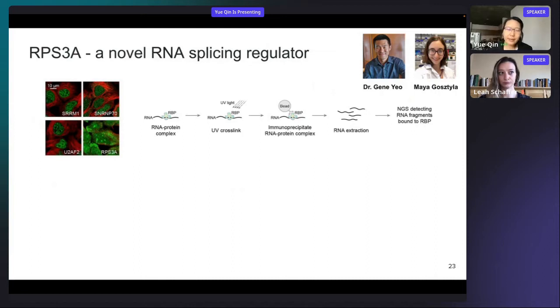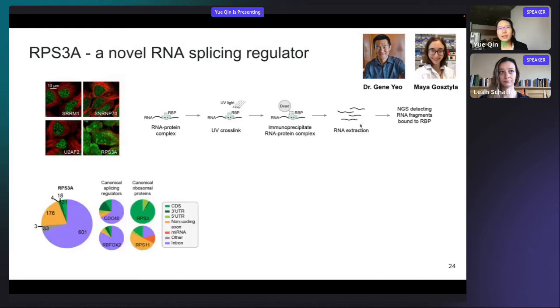Briefly, for the eCLIP, you UV cross-link the cell to cross-link the interaction between the RNA binding protein and the RNA. Then by pulling down the RNA binding protein, you're able to detect which RNA species this protein binds to, and also where this protein binds in the RNA.